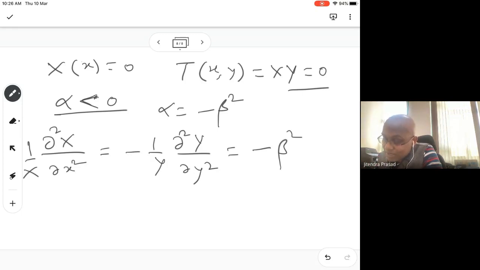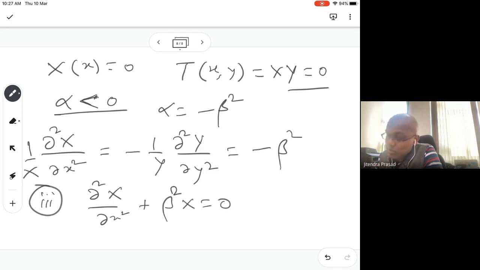So our first equation now becomes, let's call it the third, because 1, 2 we have used already. So what we have is del square X over del x square plus beta square X equal to 0, right?